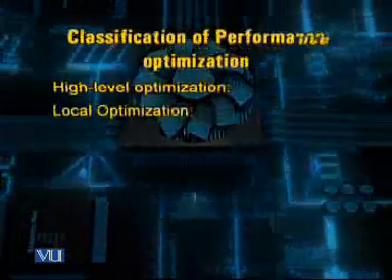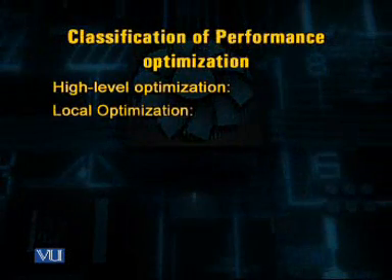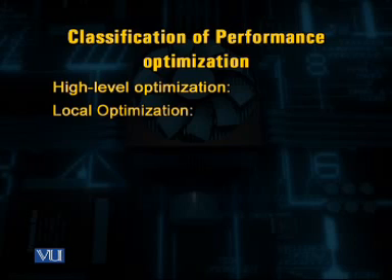So, high-level optimization is done at a level when the source is available and this source is to be fed into some later optimization section. The second level of optimization is known as the local optimization.